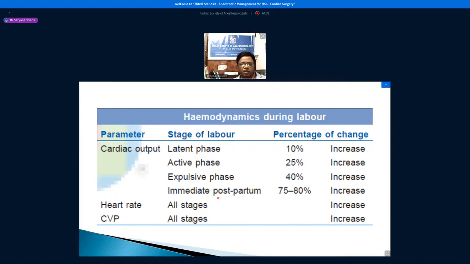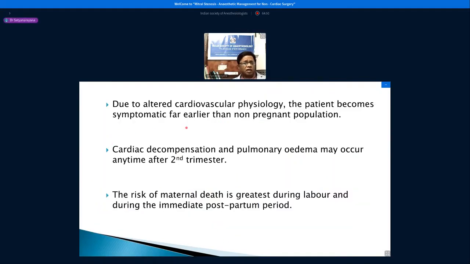This is the time the patient can decompensate and develop pulmonary edema and acute left ventricular failure. At all stages, heart rate increases and CVP increases. Due to altered cardiovascular physiology, the patient becomes symptomatic far earlier than the non-pregnant population.